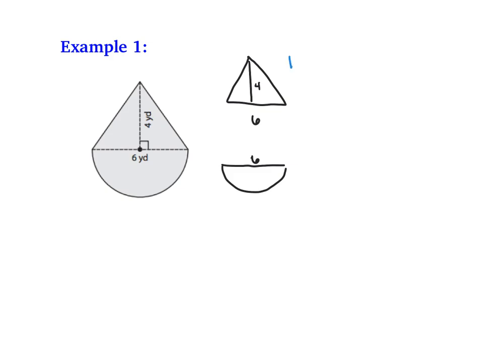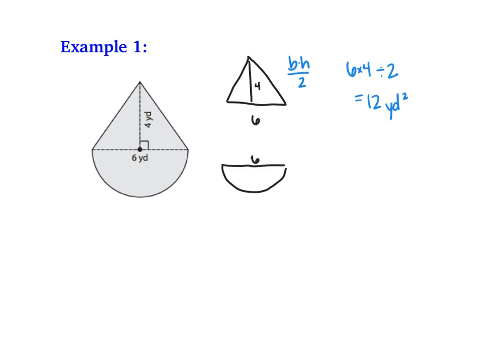A triangle comes from base times height divided by 2. So what that means for this problem is I would be doing 6 times 4 all divided by 2. And let's see what we get. That's an area of 12. Again, that's only for the triangle at the top. Now let's look at the half circle at the bottom.